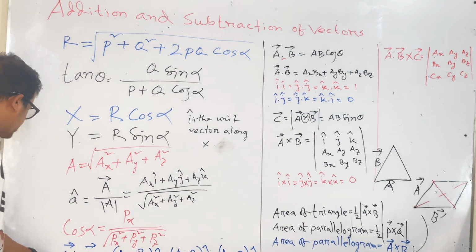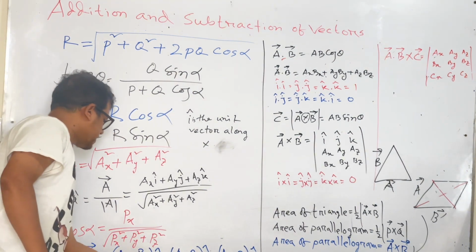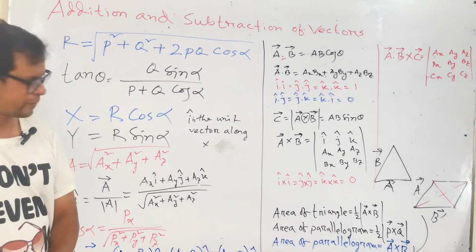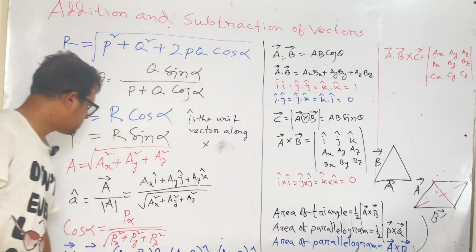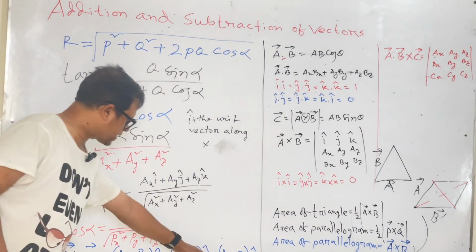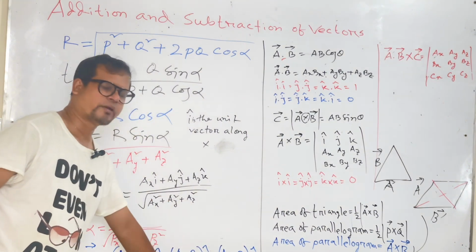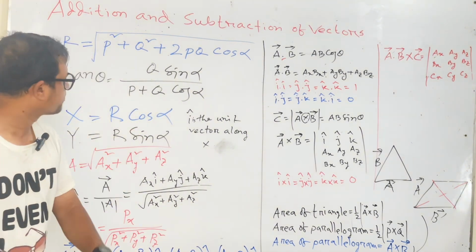Simple algebra: a vector plus b vector equals (ax plus bx) i plus (ay plus by) j plus (az plus bz) k.